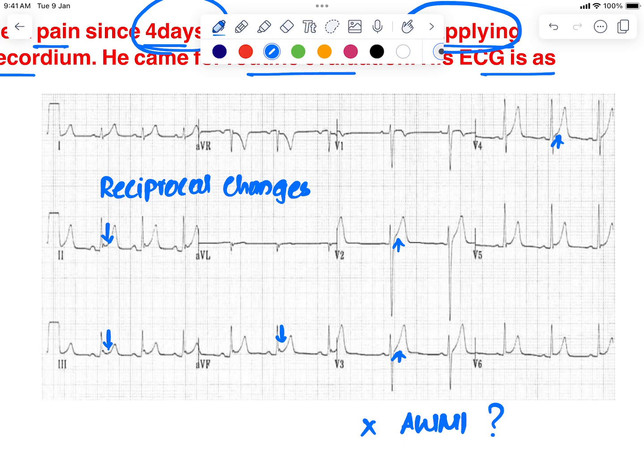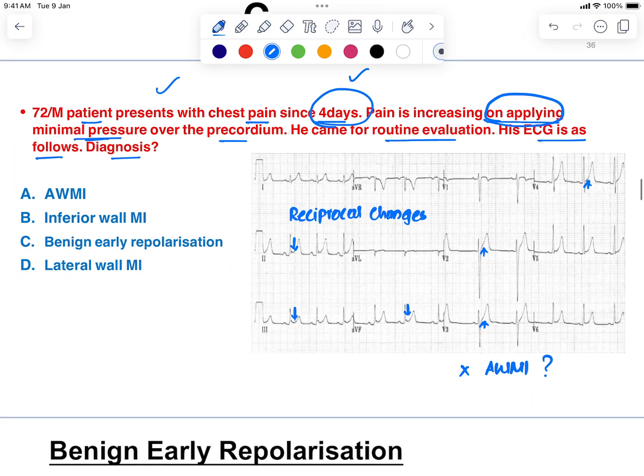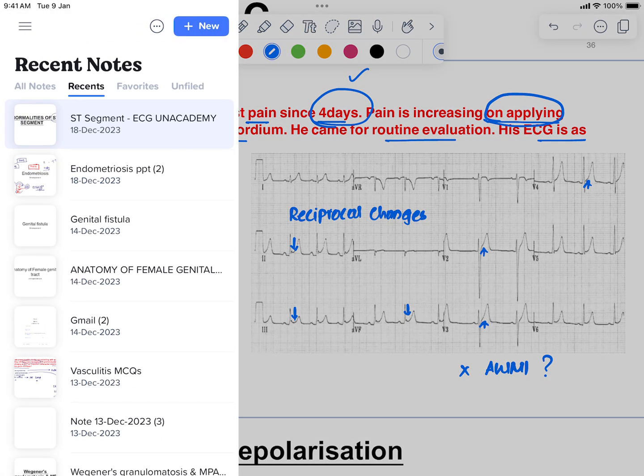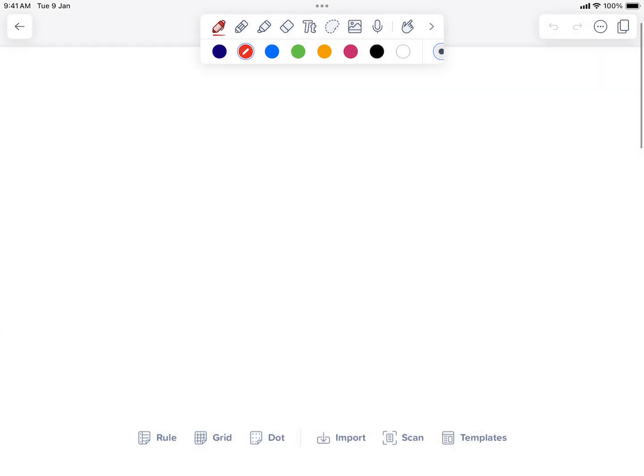Then what is this suggestive of? This is suggestive of benign early repolarization, or early repolarization syndrome. Now, let me tell you a few points about benign early repolarization. This is the one which will produce widespread ST segment elevation.